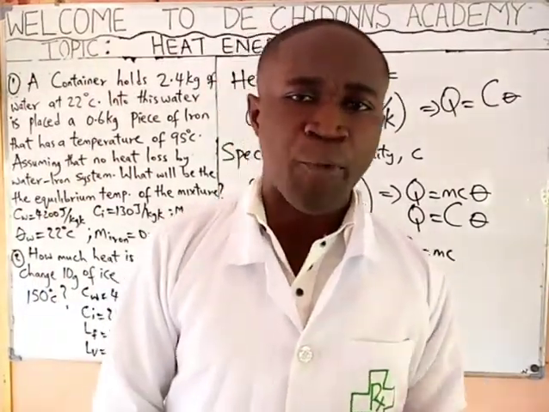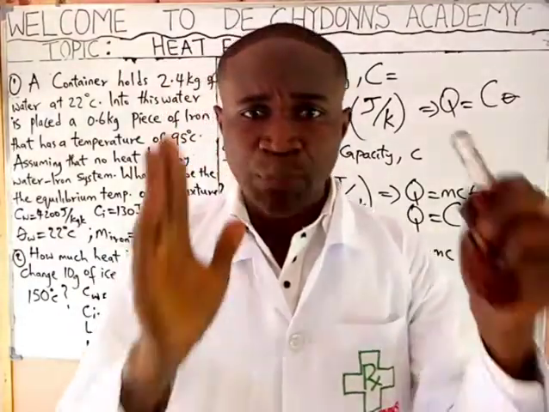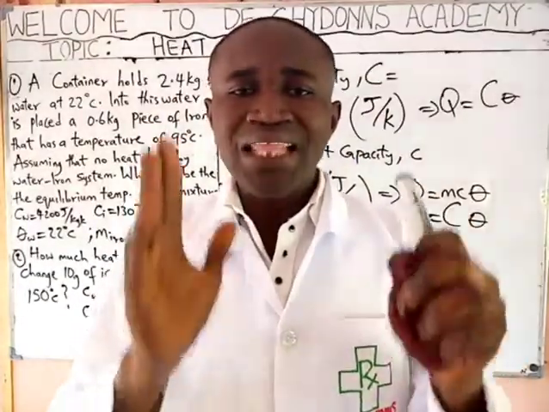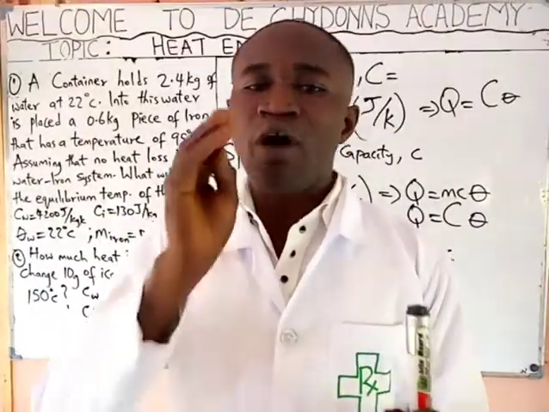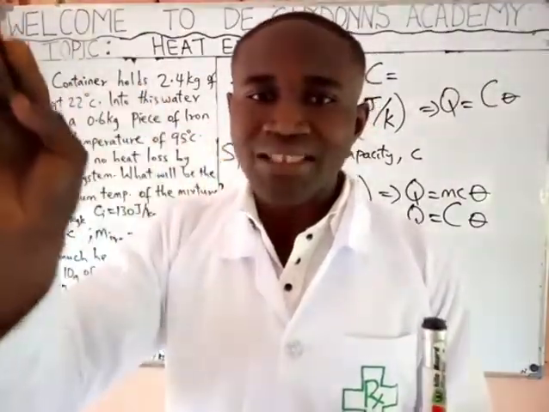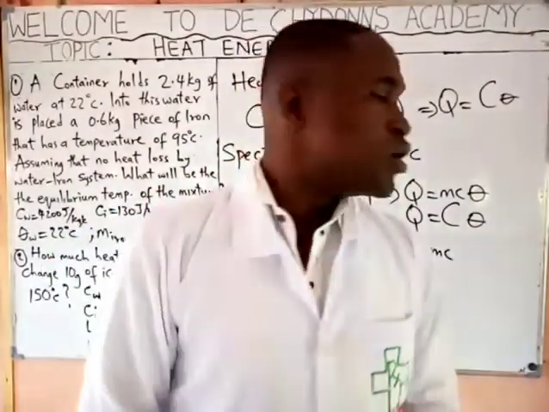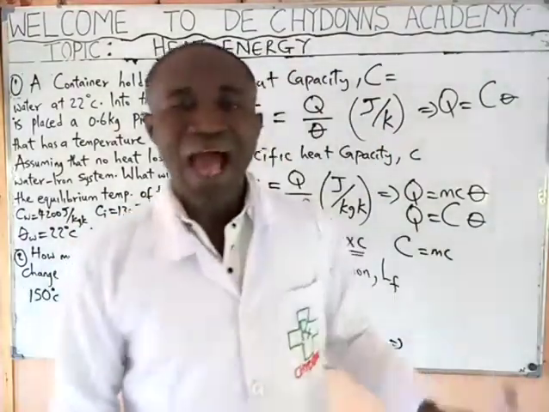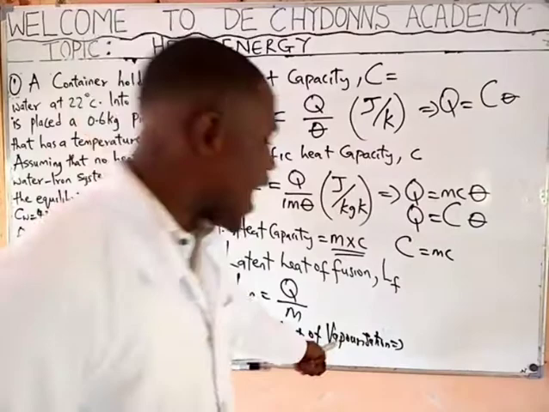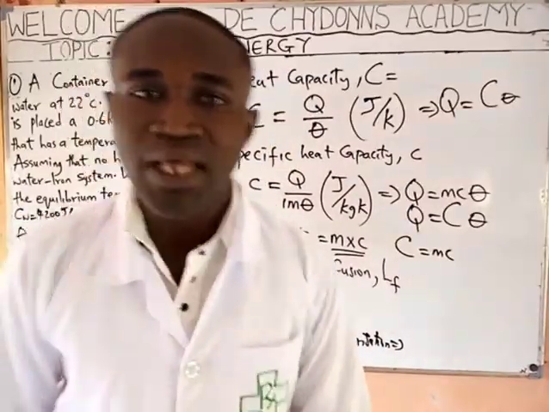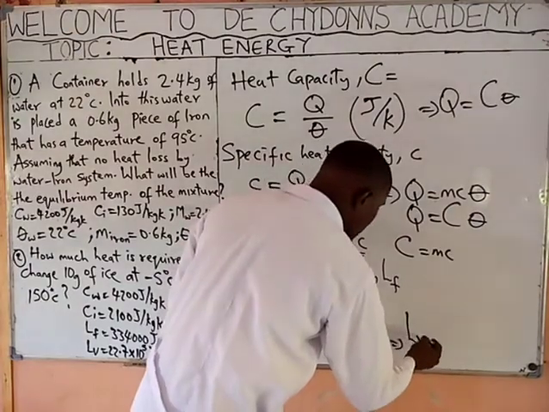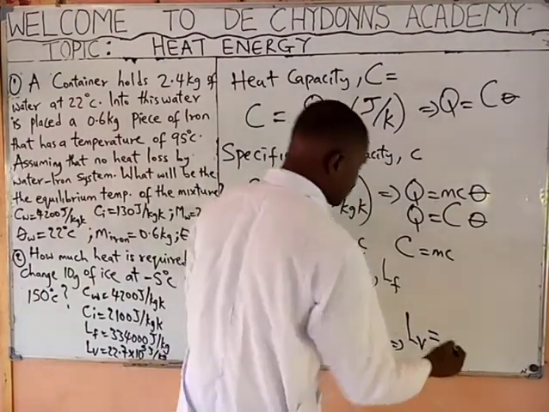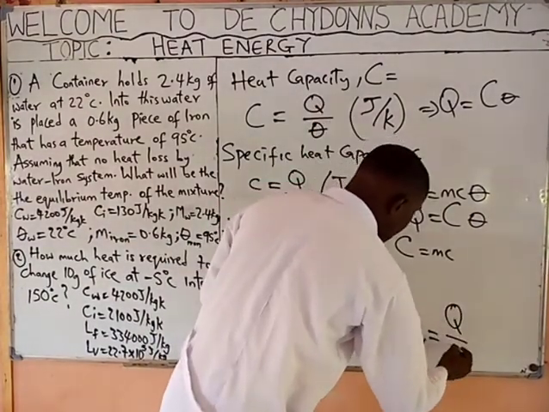But as far as the water is pure, it will convert that pure water to gas at 100 degrees. So the constant temperature at which the latent heat of vaporization acts is 100 degrees. Latent heat of vaporization is denoted to be equal to the quantity of heat all over m.